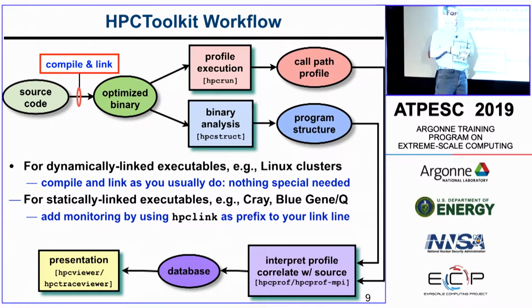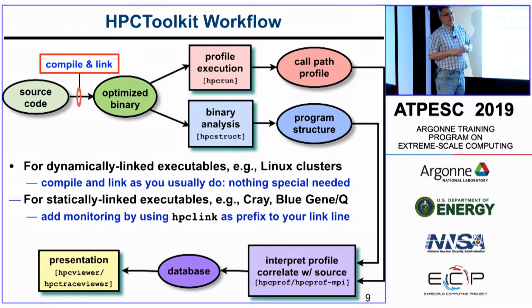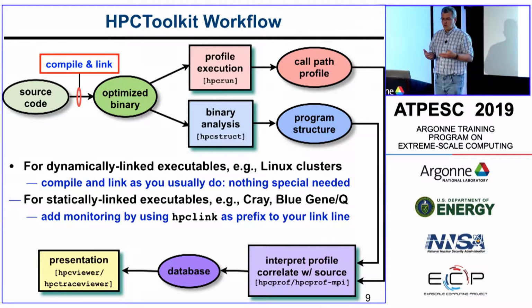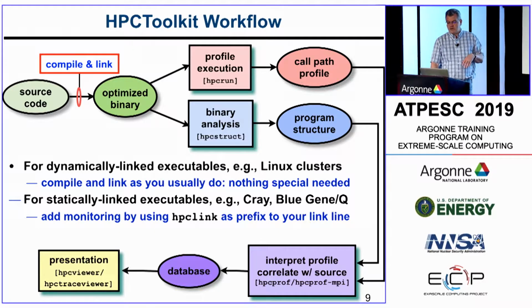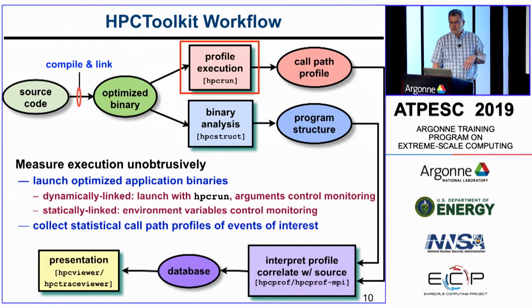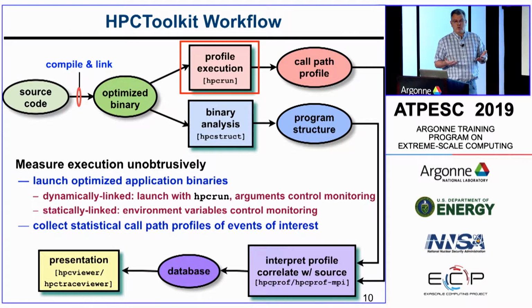You say hpclink, and then you give it your compile command and all the rest of it. And then our linker script will inject our instrumentation into your executable so that it's there and can start measuring once the application gets launched. So after we've prepared the program for measurement, then at runtime, we're going to collect these profiles.